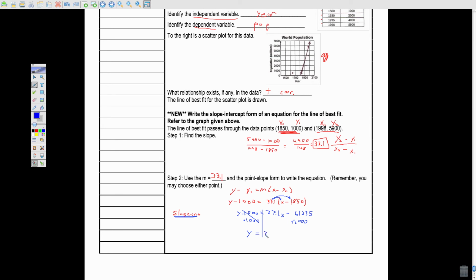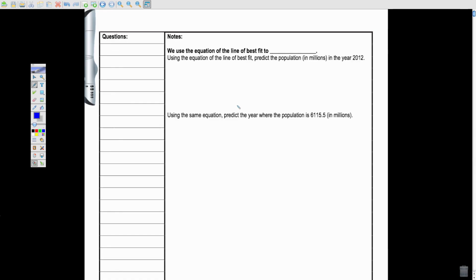So all I got left is y equals 33.1x minus, and again we had 61,235 negative. We added 1,000, so what we have left is 60,235. There's your equation in slope-intercept form, if that's what it asks you to find.